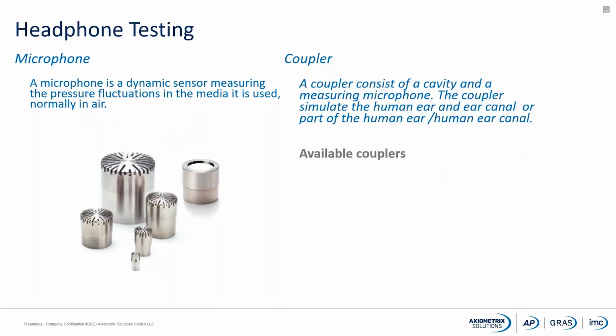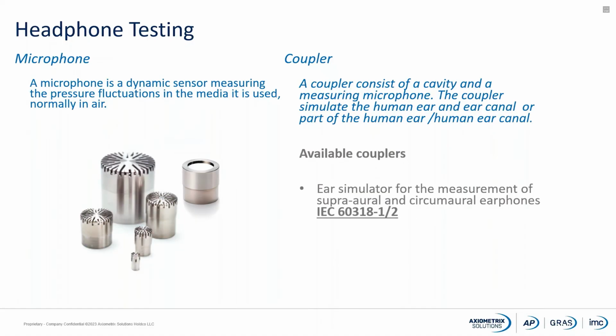If we look at available couplers for doing headphone testing, then we have to have a closer look at the IEC 60318 standard. This standard describes different types of ear simulators and ear couplers.